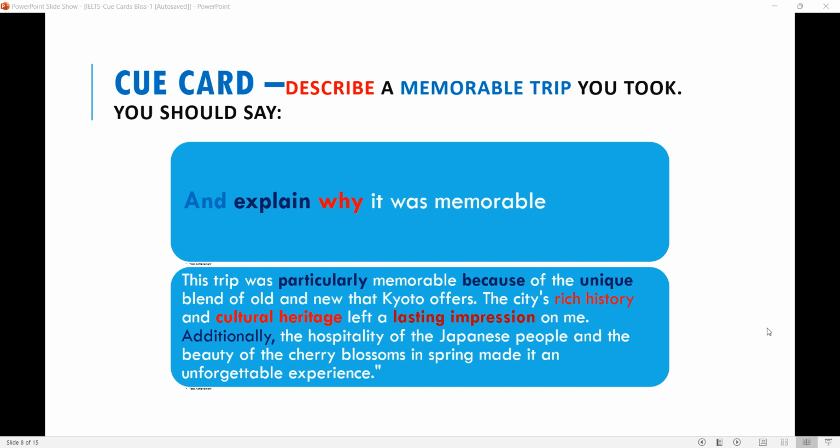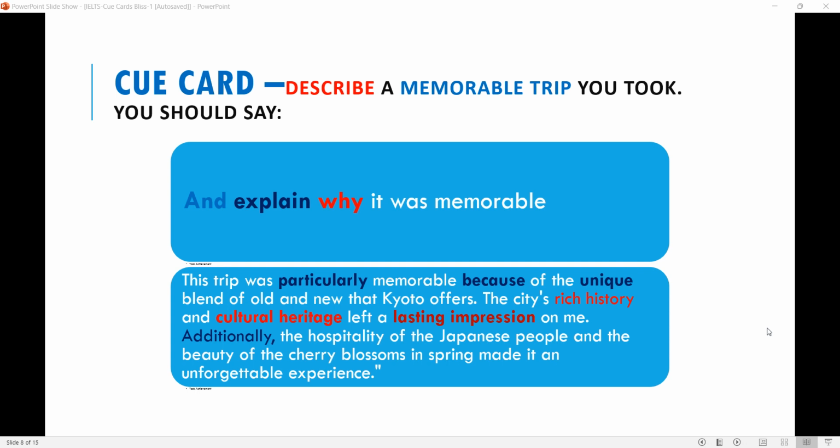The trip was particularly memorable because of the unique blend of old and new that Kyoto offers. The city's rich history and cultural heritage left a lasting impression on me. Additionally, the hospitality of the Japanese people and the beauty of the cherry blossoms in spring made it an unforgettable experience.